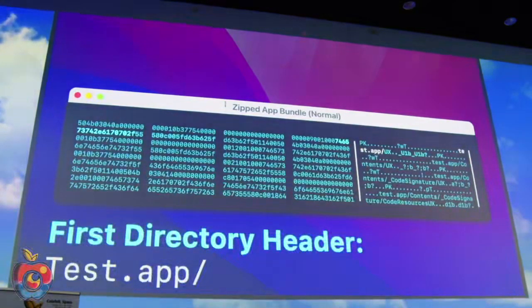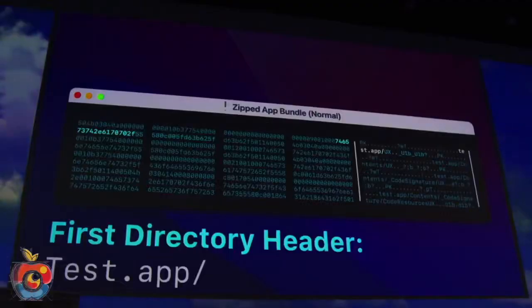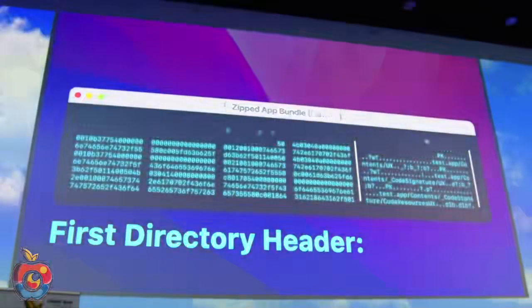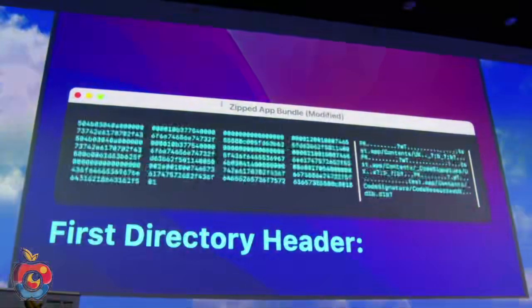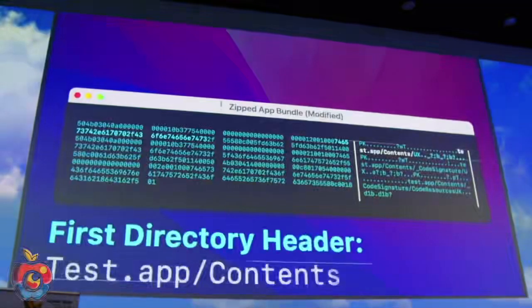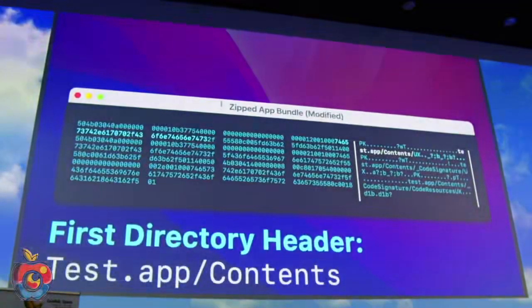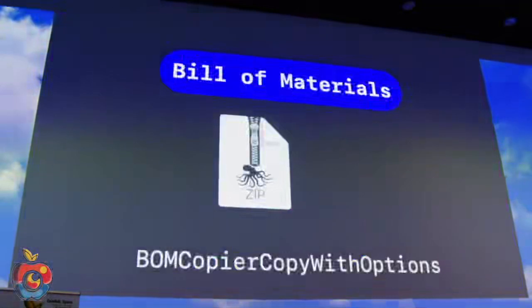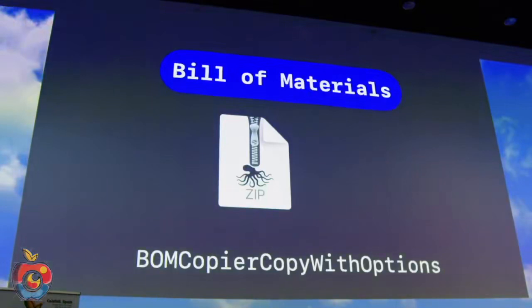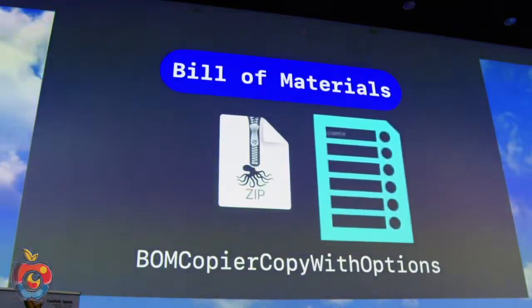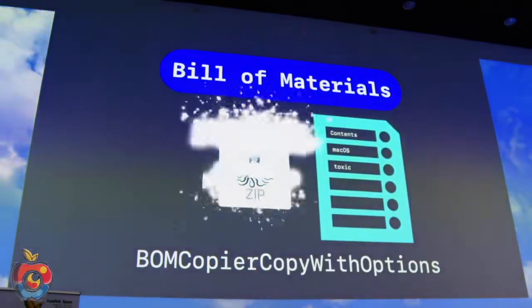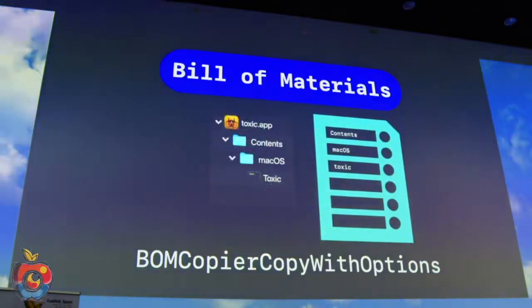The zip files we were downloading from the internet, from itch.io, that were unknowingly bypassing Gatekeeper were actually missing this root level header, and instead started at the application's contents directory. So if we take one of these normal zip files that we had created the standard way, and we remove the top level header, we see that when the BOM gets parsed, once again on the right, the application root directory would be missing from the BOM.